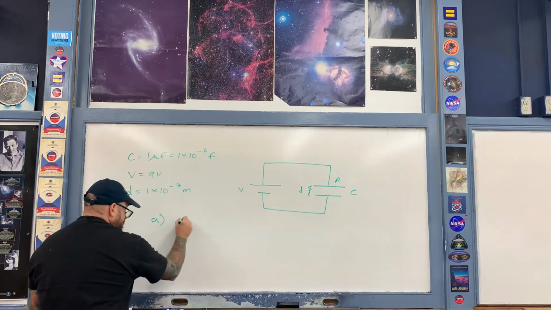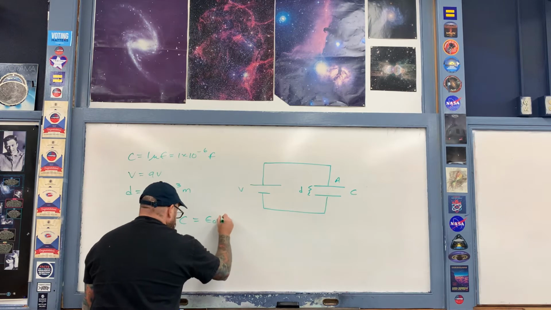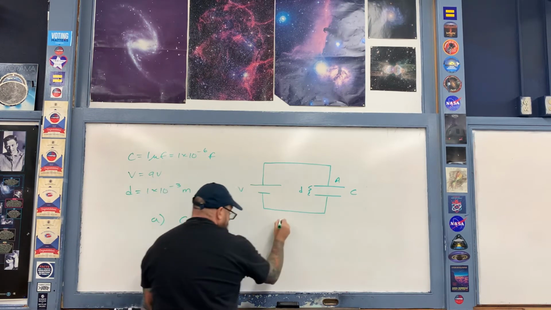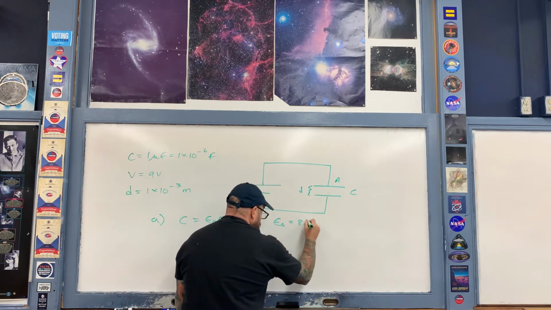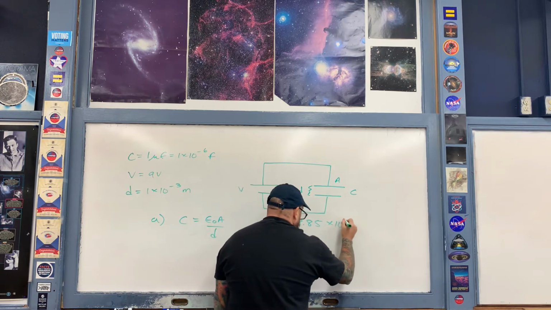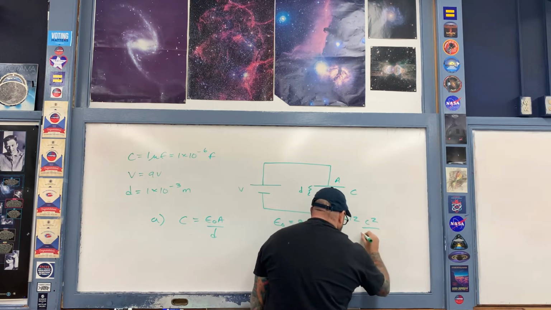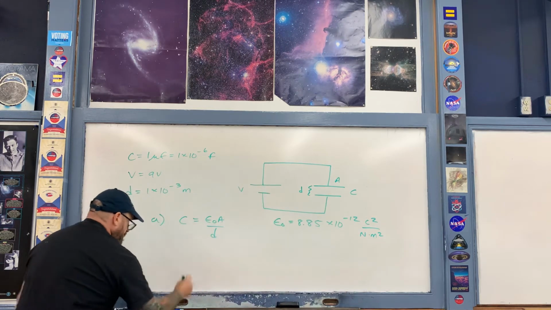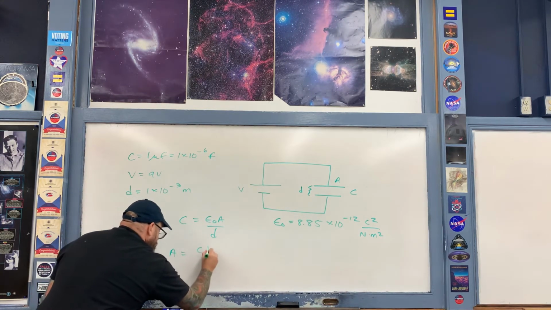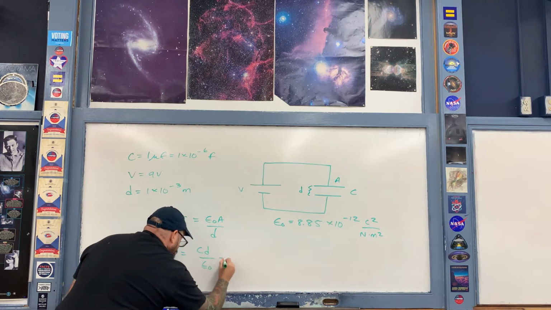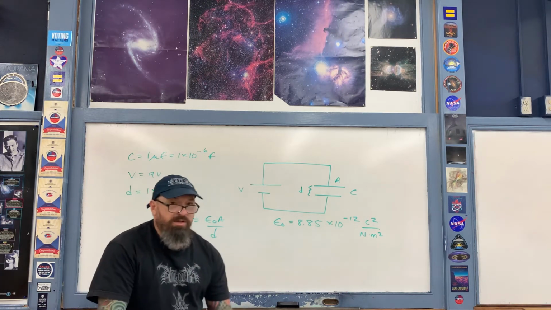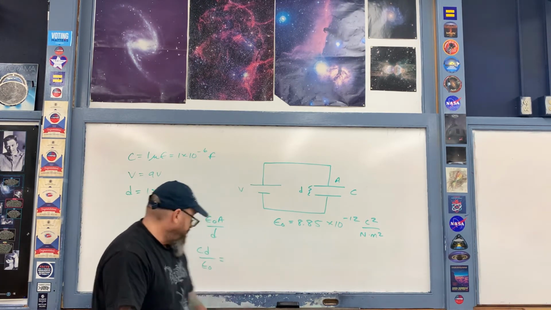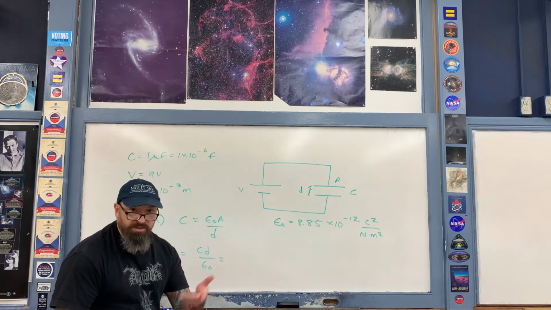The capacitance for a parallel plate capacitor is epsilon naught A over d, where epsilon naught, the permittivity of free space, is this value here. Okay, so just solve for A, nothing more than that. So A is Cd over epsilon naught. As long as everything is in the correct units, we'll end up with a value of A in meters squared.